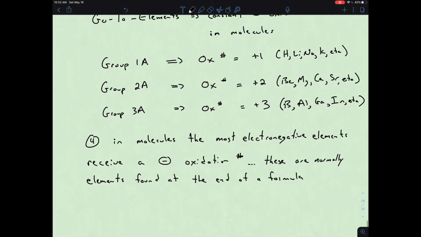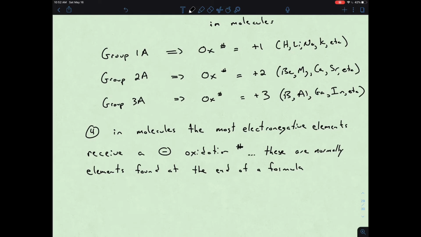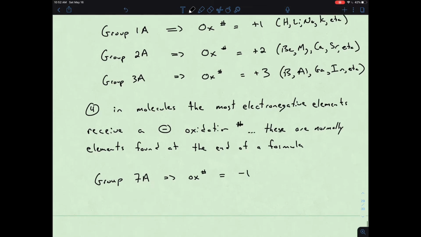We do not have completely go-to elements here, but we can summarize. Group 7A, the oxidation number they tend to prefer is -1.